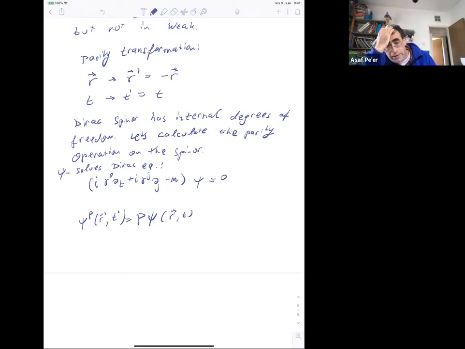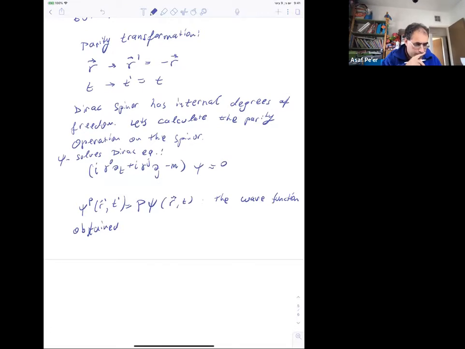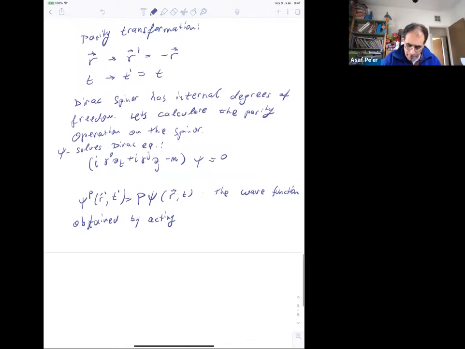This is the wave function obtained by acting on psi with the parity operator P.